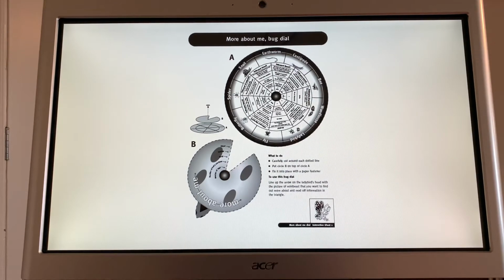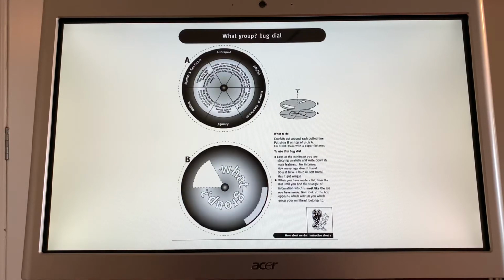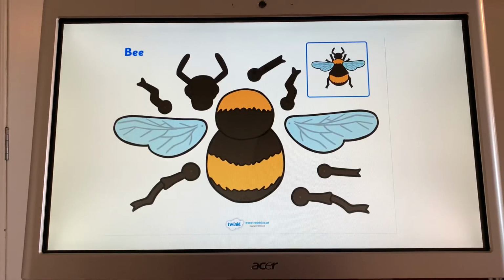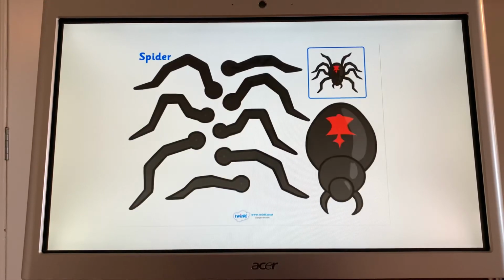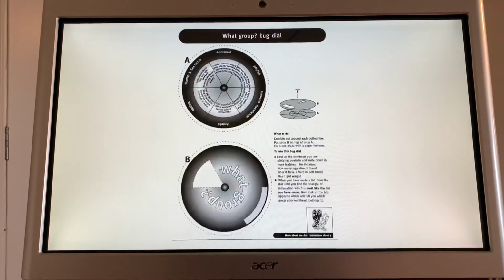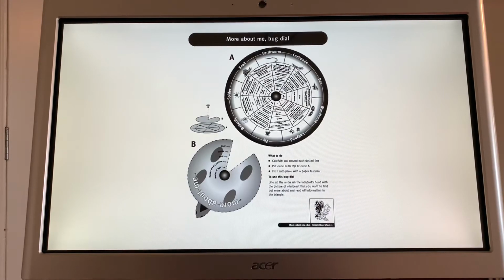So this is a More About Me bug dial, and what group bug dial, and also what I'm going to add to the St. Joseph class tile are some templates of insects that you can actually make up yourself. I think there's 6 of them. We have a bee, there's also a spider there. But if I just pop you back to the More About Me bug dial.